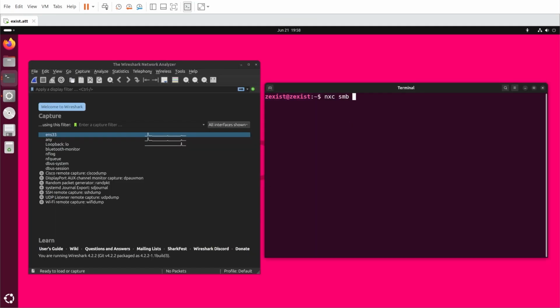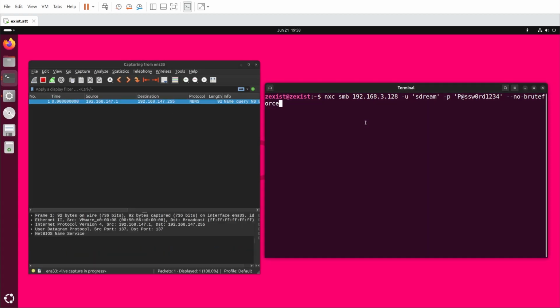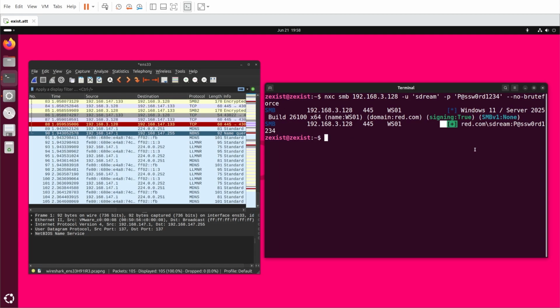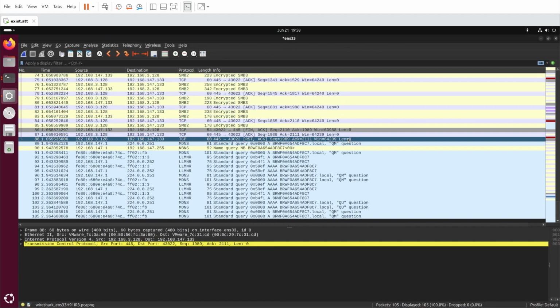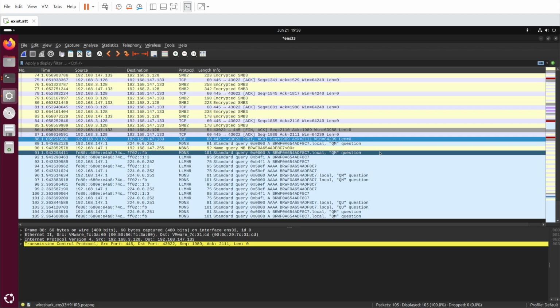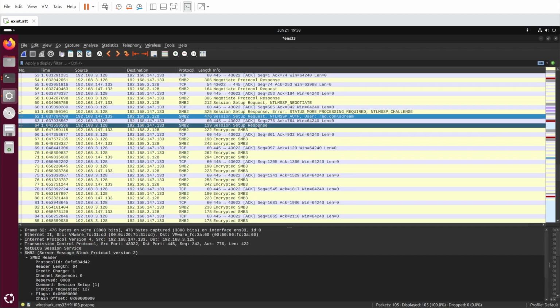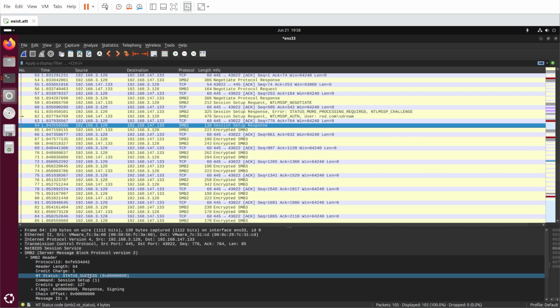What if we used NetExec with the no brute force option? What would be the difference in terms of packets? Clearly, SMB traffic still consists of multiple request and response exchanges due to the normal SMB authentication handshake.